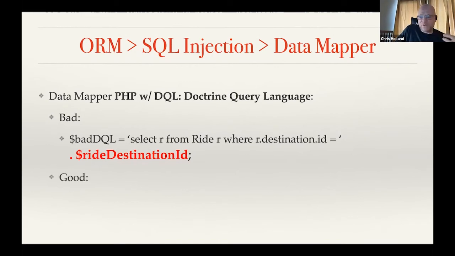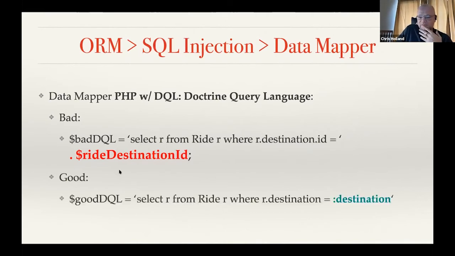So a better way to do this, again, you want to avoid concatenating strings like this. A better way to do it is you just reference objects, right? Select your ride where the ride's destination property equals the destination object. That's a nice thing with a data mapper query language: you can actually reference entire objects.